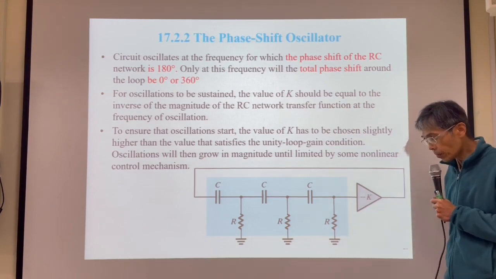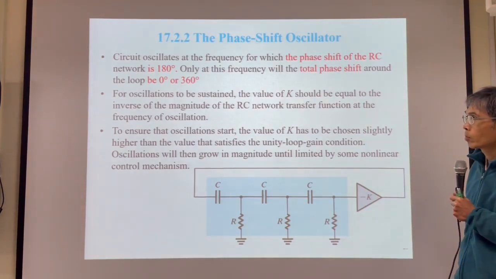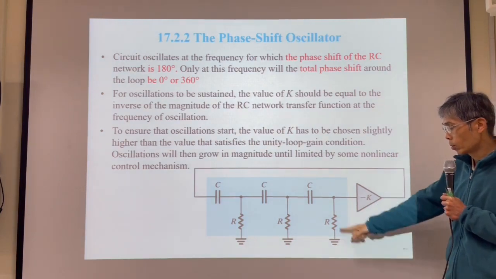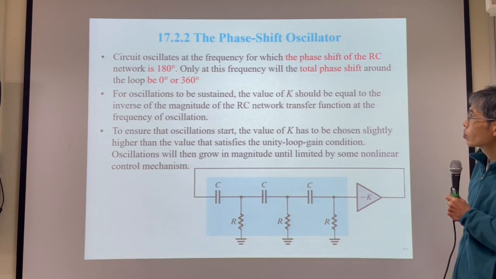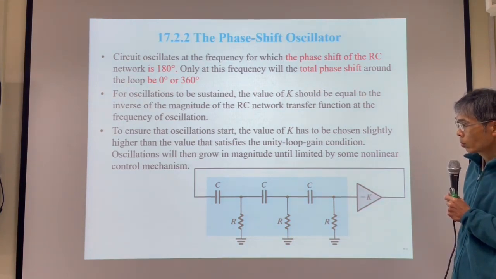And the RC plus the RC times K need to be 0 or 360, so the phase of RC needs to be 180.